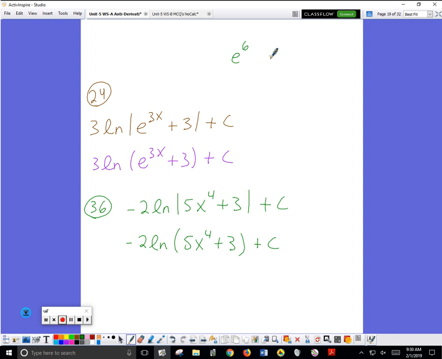But if I take E to the negative 6, that's the same thing as 1 divided by E to the 6th. E to the 6th is positive, so 1 divided by a positive is still positive. So it's only negative if there's a negative in front of that. Then it's negative times something. So yeah, 2 points for Brennan.